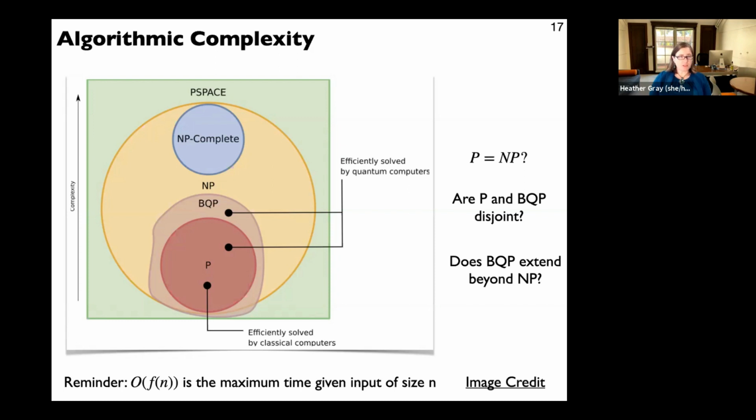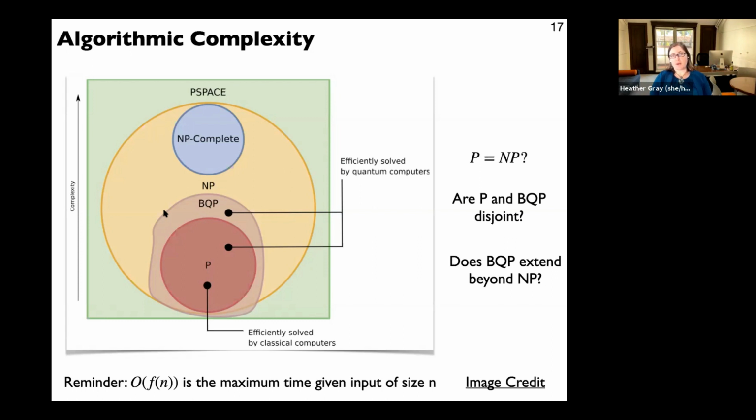Where quantum computers come in is you add this class BQP, the one in the light gray. What that one is representing is the set of problems that can be solved on a quantum computer in polynomial time. The acronym stands for bounded error quantum polynomial time. And so the question here is, are BQP and P disjoint?